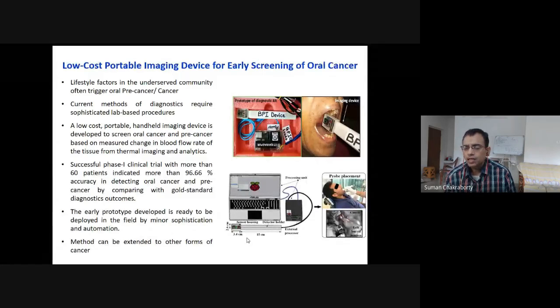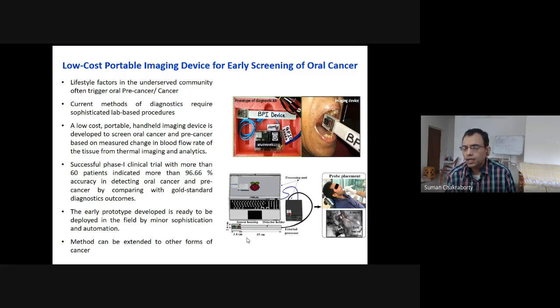We did successfully a phase 1 clinical trial with this device in collaboration with the Guru Nanak Institute of Dental Sciences, and with 60 patients, this real clinical trial was conducted. When compared with the biopsy reports and other advanced imaging reports, this exhibited around 97% accuracy in terms of the prediction, which is quite promising.